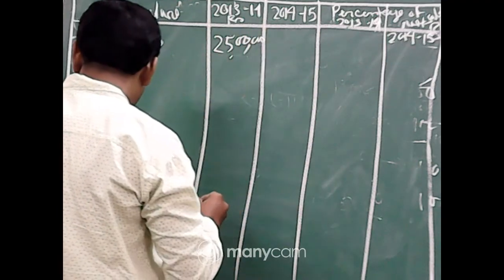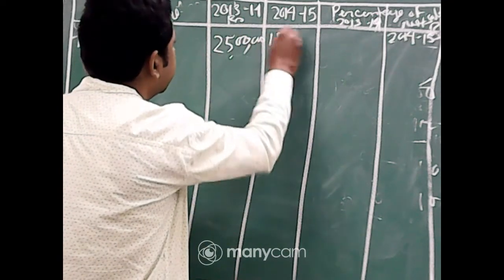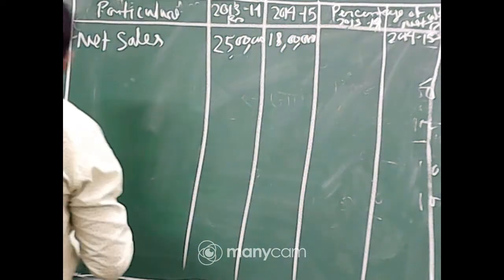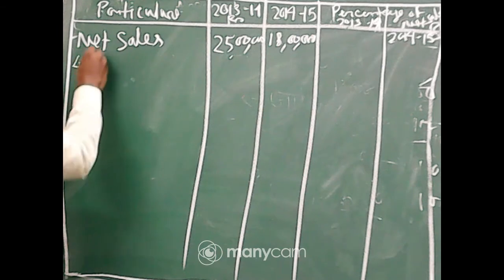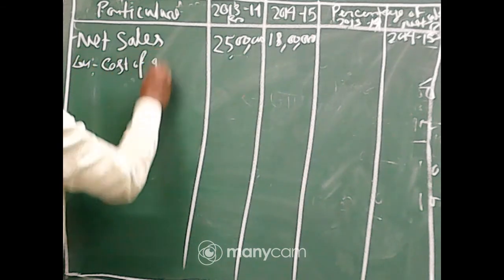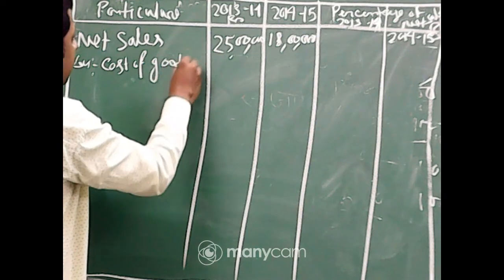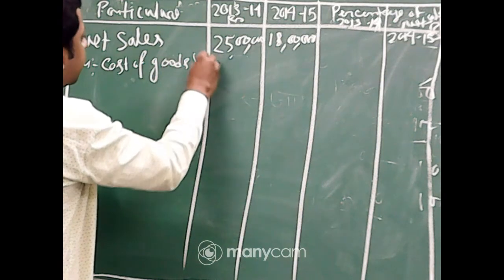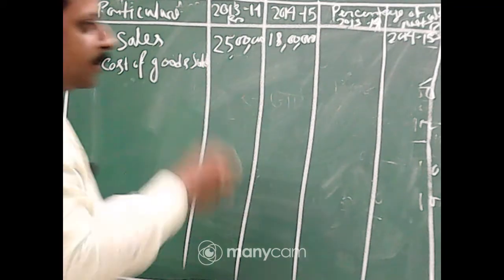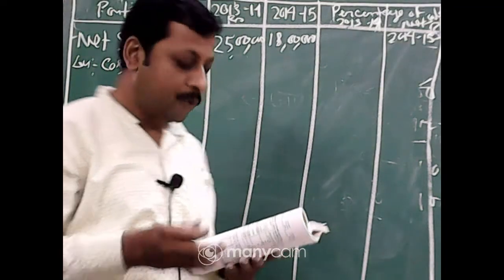In case of 14-15, 18 lakh, just write down, copy it from your book. Less cost of goods sold. You have to less cost of goods sold. Cost of goods sold means cost of selling price. That is net sale, and your debit side in your 11th class, what is the cost of goods sold.